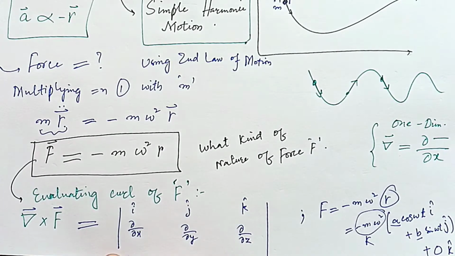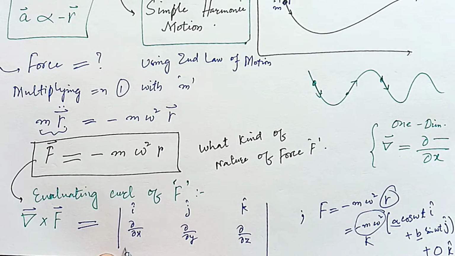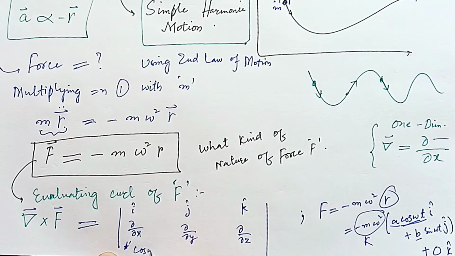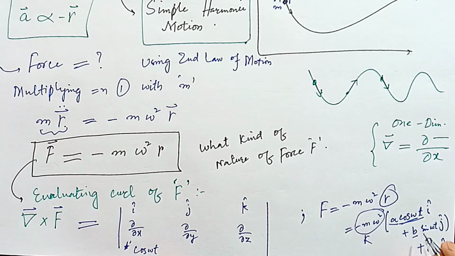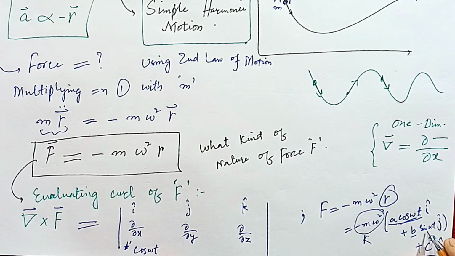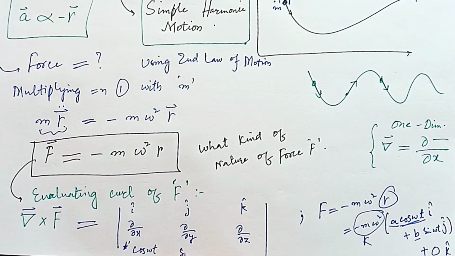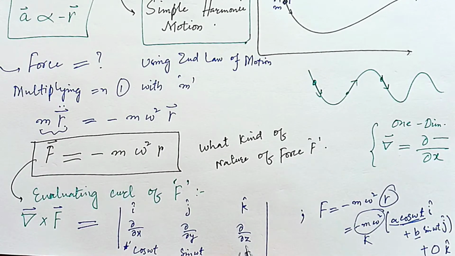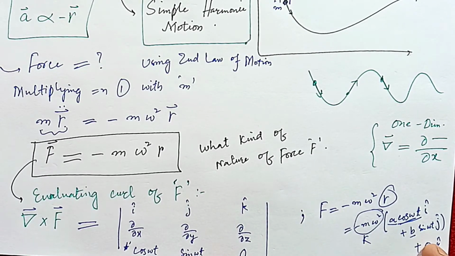So we will get some constant times cosine omega t along the i-axis, plus some constant times sine omega t along the y-axis, and along the k-axis, the z-axis, it is 0 because it is absent here.